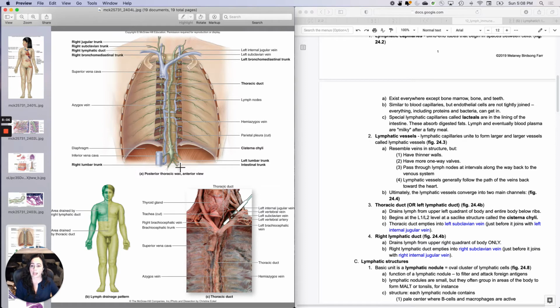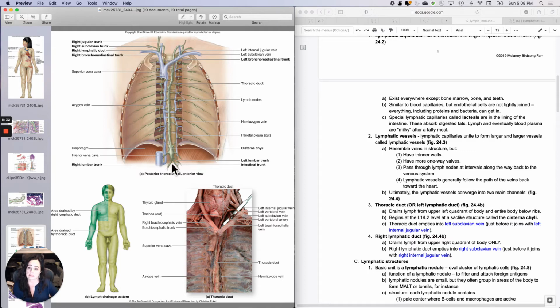One of them, this guy right here, is called the thoracic duct, and it dumps into the left subclavian vein right before the internal jugular vein dumps in. And then this guy right here, which is called the right lymphatic duct, that little guy dumps into the same place on the right side.